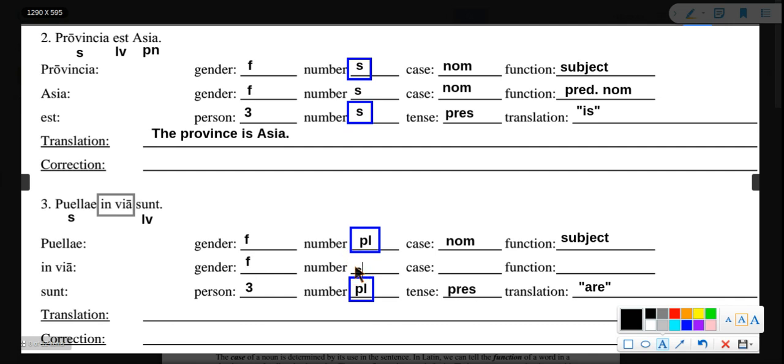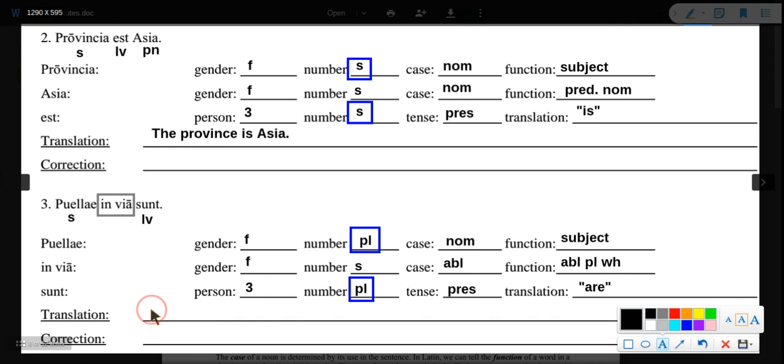Its number is singular. You have the long A with the macron over it, and then it's ablative, as I previously mentioned. And the one function we have that features the ablative, we have in plus the ablative, and that's our ablative place where, simply answering the question, where is it?